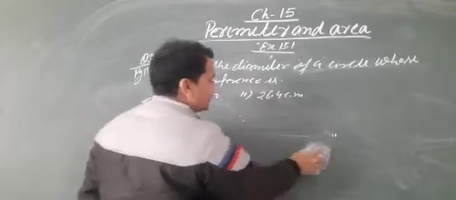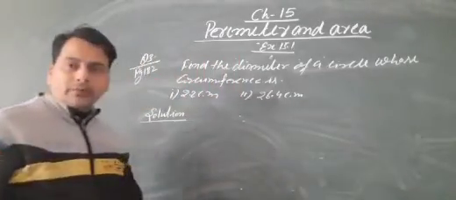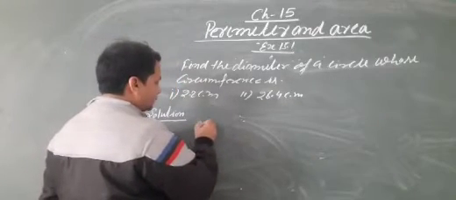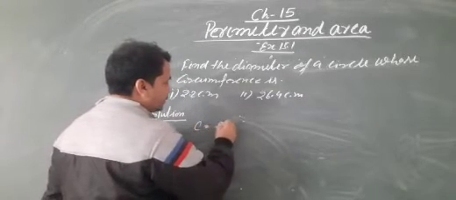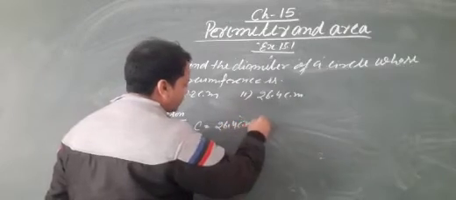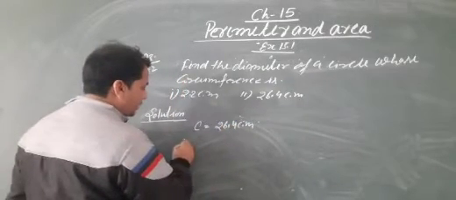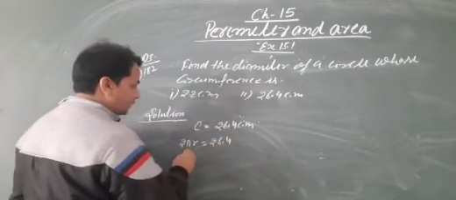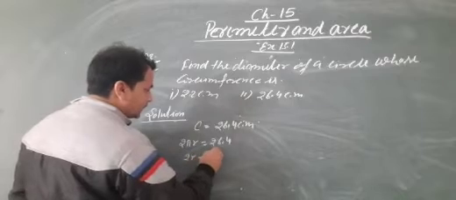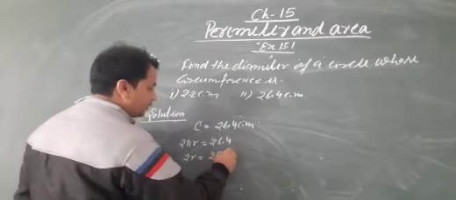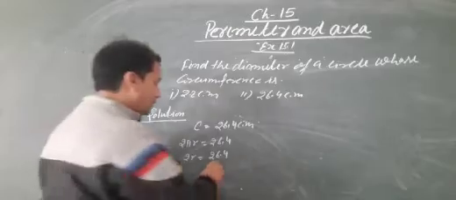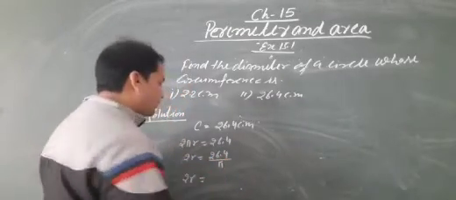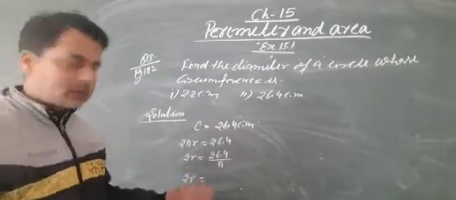Now next is the diameter of the circle whose circumference is given here as 26.4 centimeter. The circumference of the circle is 26.4 centimeter. Then 2 pi r equal to 26.4. Then 2r equal to 26.4 by pi, and in the place of pi we can write 22/7.